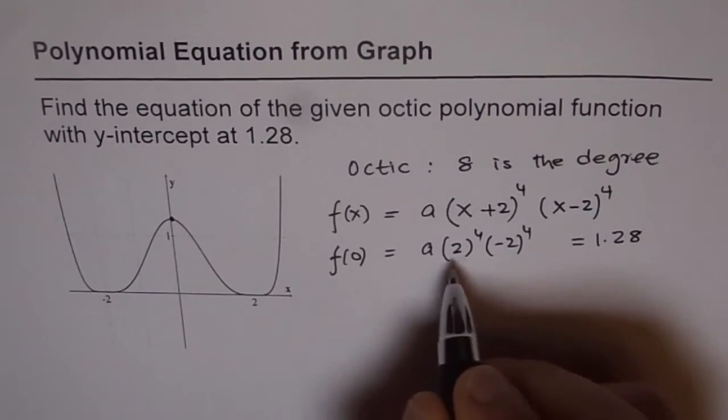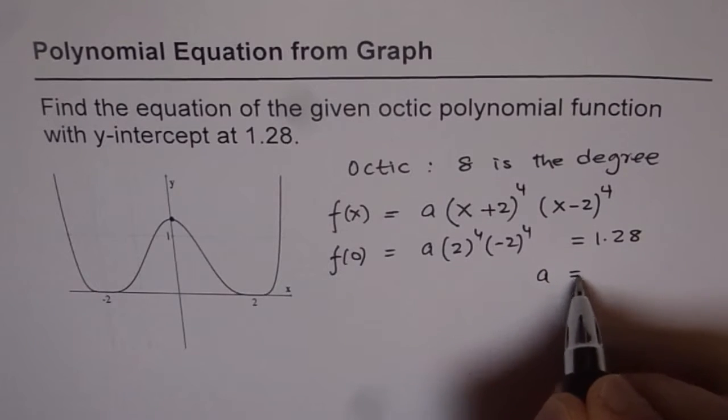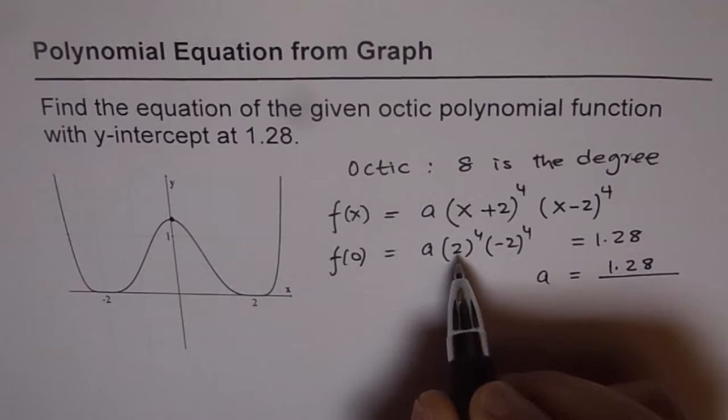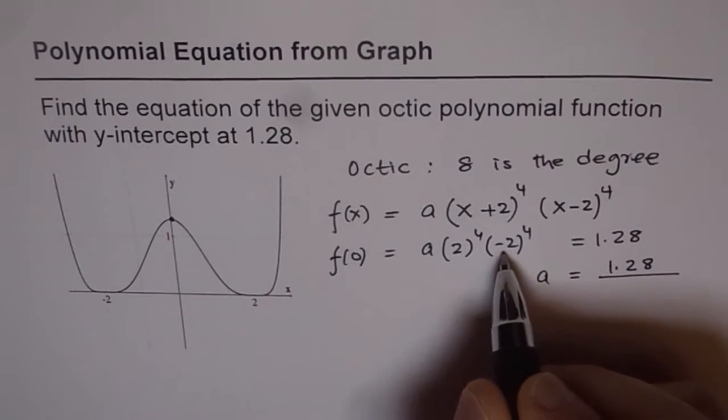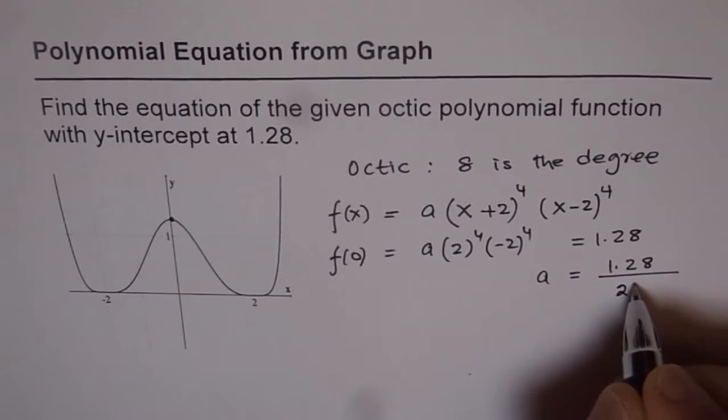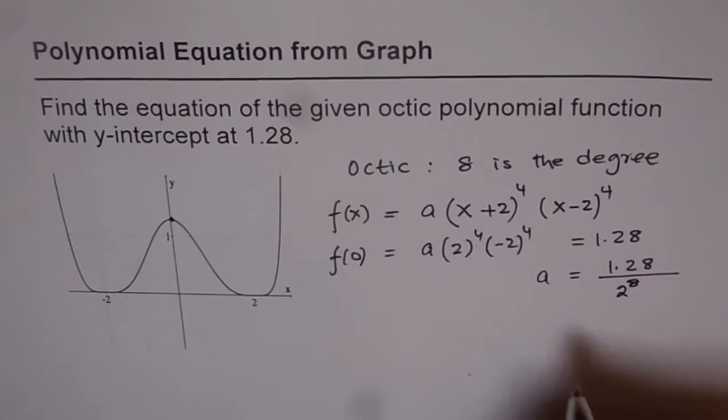So let's reorganize. We have a equals 1.28 divided by, this is 2 to the power of 4 times minus 2 to the power of 4, which becomes plus 2 to the power of 4, so 2 to the power of 8, right? So once we divide it, we can get our answer.